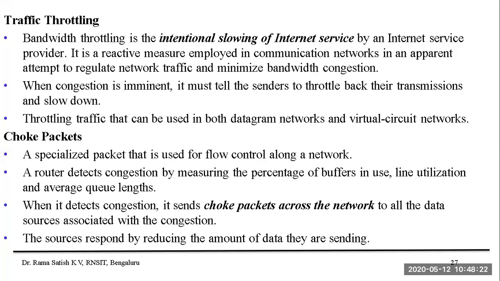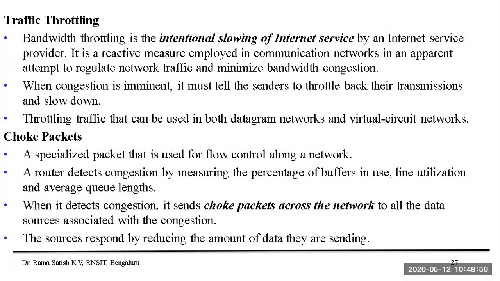It is a flooding. It will flood choke packets, telling all the intermediate nodes to reduce the amount of data that they are sending, or can send on other parallel lines. So this is another way. Choke packets happen automatically within the internet. It will never come to the user at all.